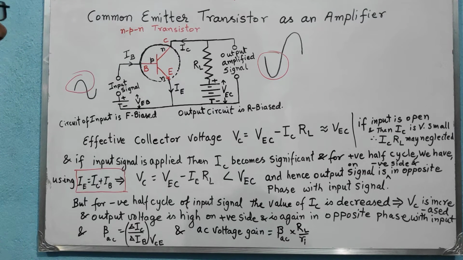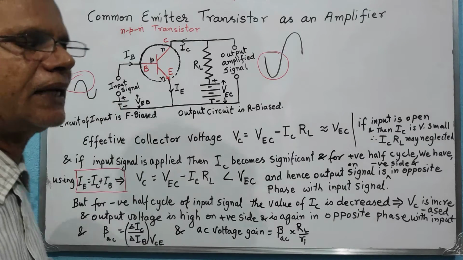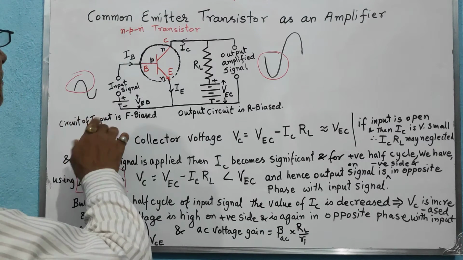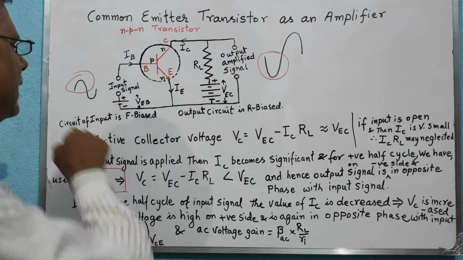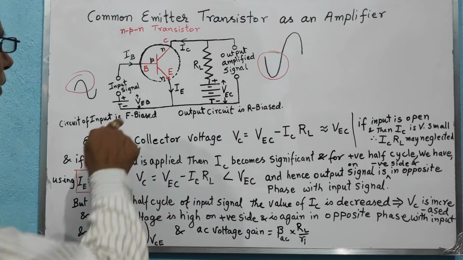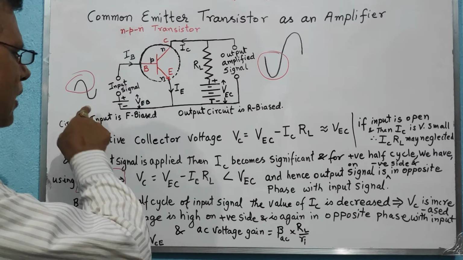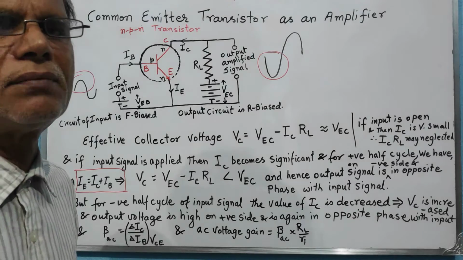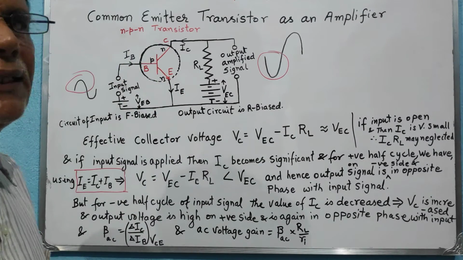Now we consider yet another situation, that is, the second half cycle of the input signal. What happens in this case, for the negative half cycle of the input signal? This signal voltage will now oppose the forward biasing effect, and so the effective forward bias across the base and emitter junction will be reduced.